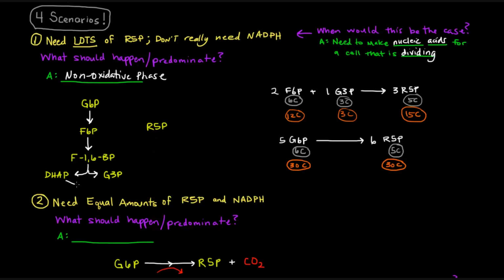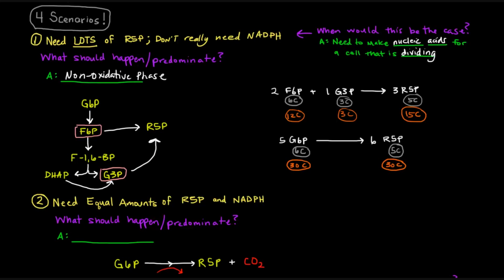Then dihydroxyacetone phosphate will be converted into G3P. So at this point, we have fructose 6-phosphate. Let's just imagine that we have some more G6Ps creating fructose 6-phosphate, so we build up fructose 6-phosphate. We also create a bunch of G3P. So now some of these fructose 6-phosphates and G3Ps will come together to make R5P.